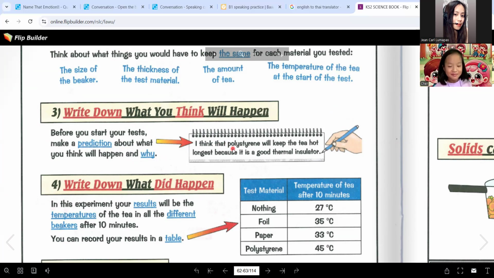Let's talk about the experiment. Which will hold the tea hot the longest? The paper, the foil, or the polystyrene?